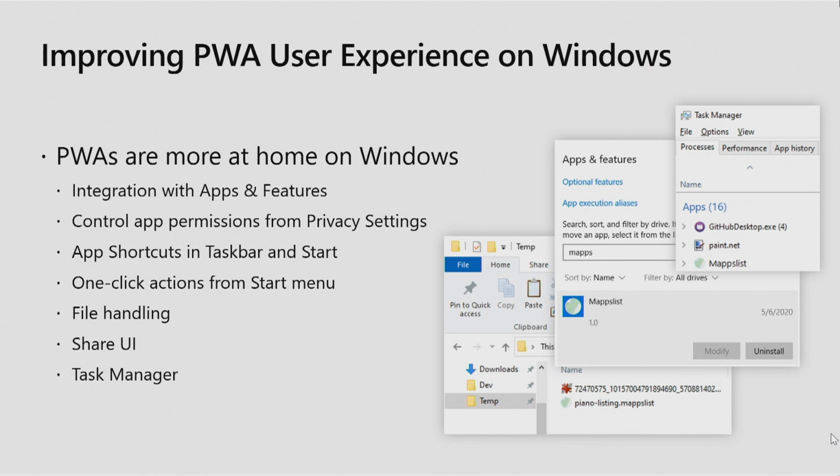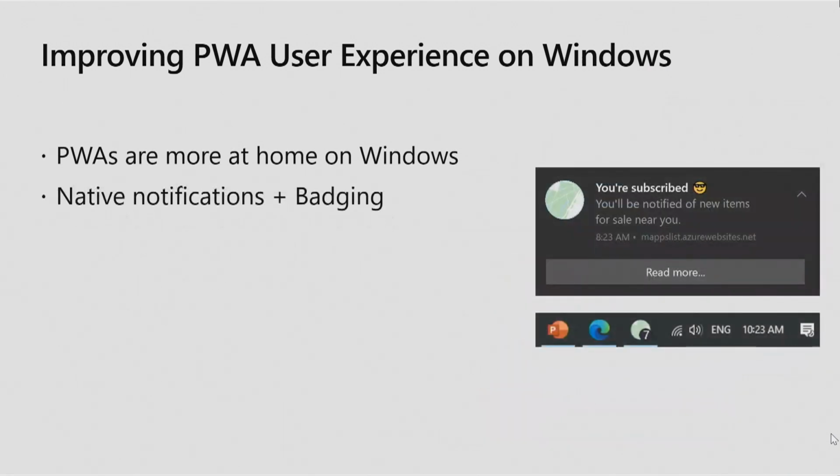And PWAs registered as share targets will be listed in the Windows Share user interface as well. In addition to these app identity refinements, PWAs can integrate with Windows features like notifications in the Action Center to re-engage users. You can use service workers to invoke push notifications, which allows users to be informed about changes to your app even when it isn't running.